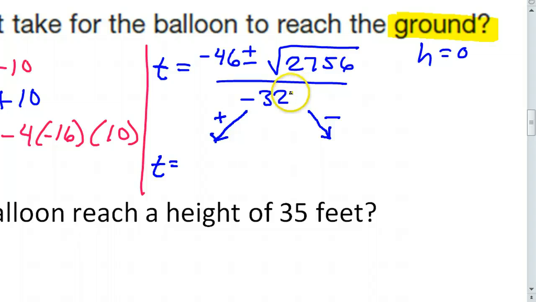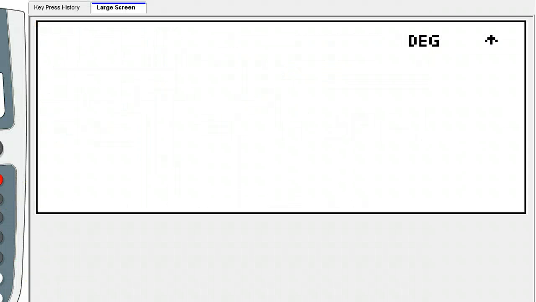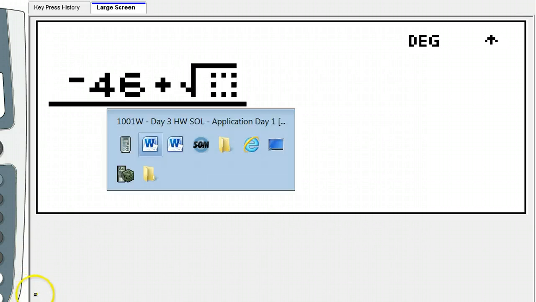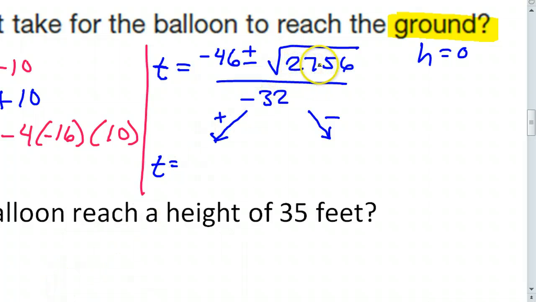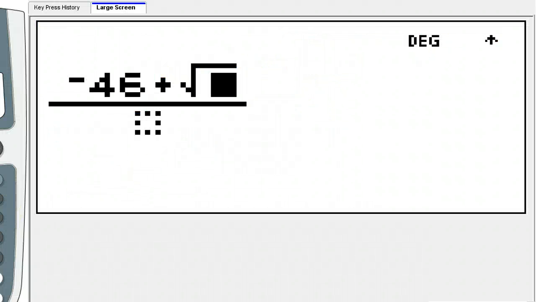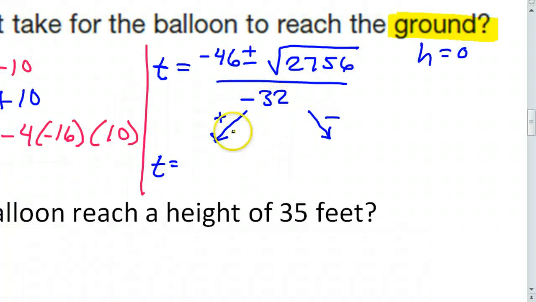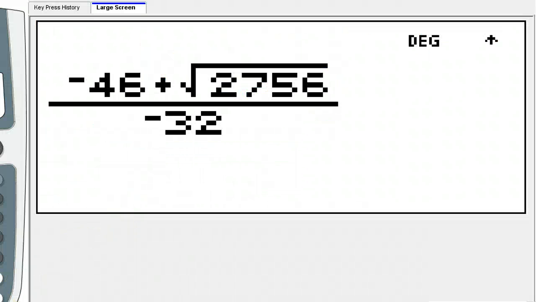Okay, so if I put this in, negative 46 plus square root, here's what I'm talking about. So go into fraction mode right away. So we will type in negative 46 plus square root of 2,756, over negative 32.